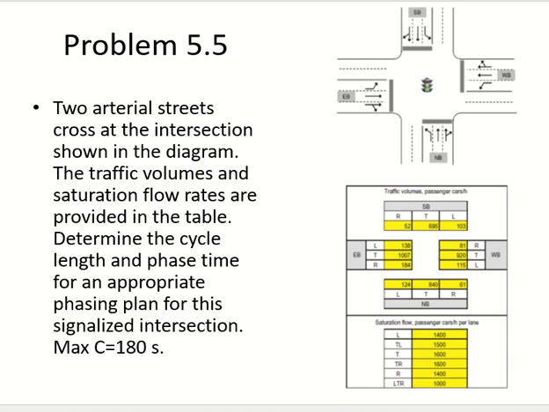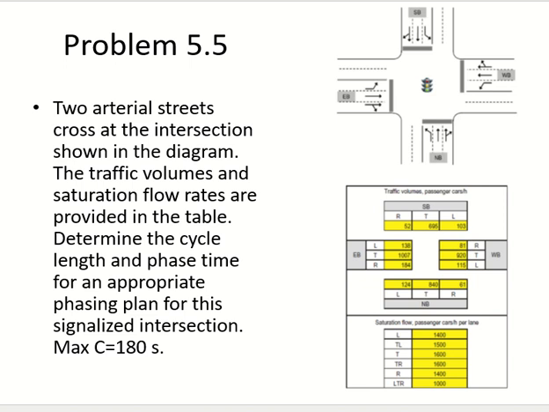So all middle lanes have 1600 saturation flow rates. And then this one has how much? Tell me, the saturation flow rate for the last lane, the right hand side lane. Through and right. Okay, so this one 1600.